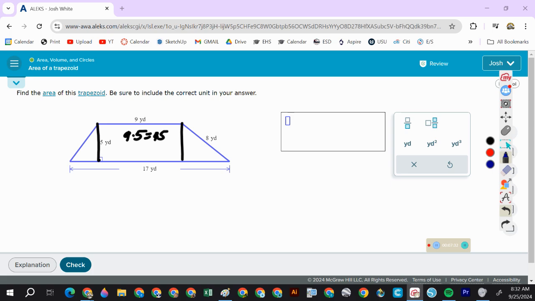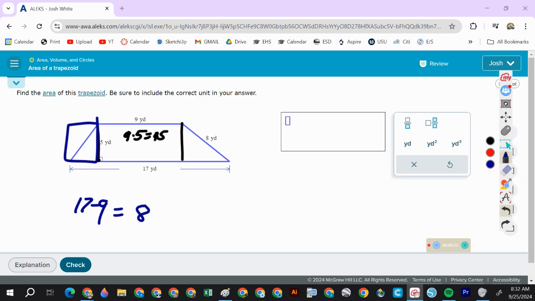Well, this rectangle right here is, how are we going to find that? So it's going to be, so 17 minus 9 is going to give us, so that's 8.